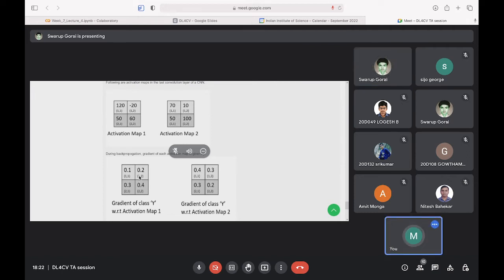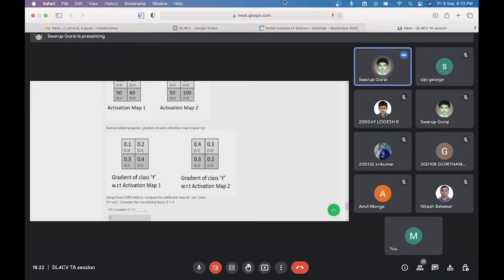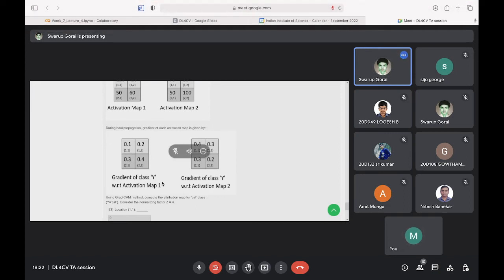The alpha turns out to be the average pooled output of this gradient. So alpha is the average of this, basically 0.1 plus 0.2 plus 0.3 plus 0.4 divided by 4. 1 by 4 means 0.25.